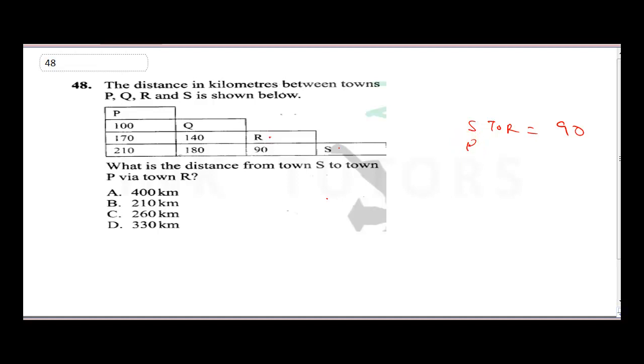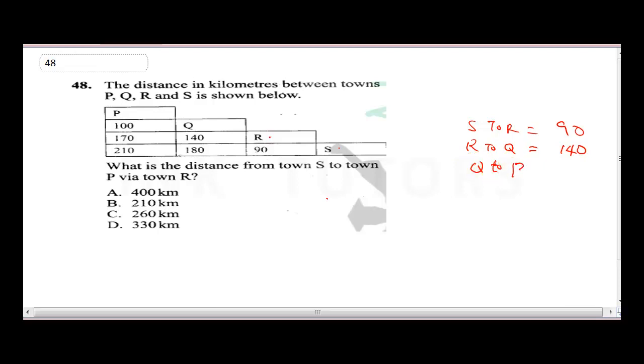Then, from R to Q, you're going to spend 140 from our table. Then from Q to P, you're going to spend 100. So we need to sum this up.